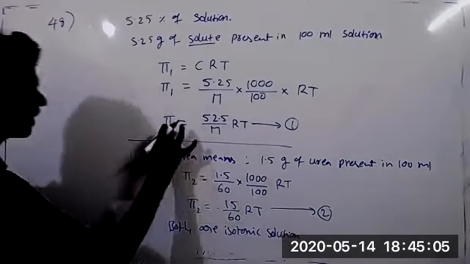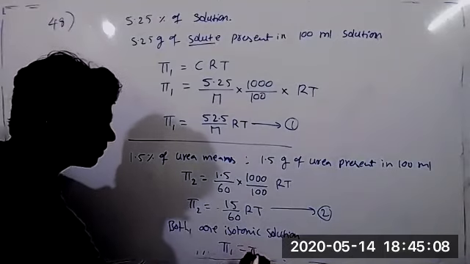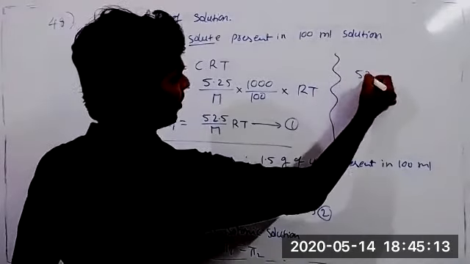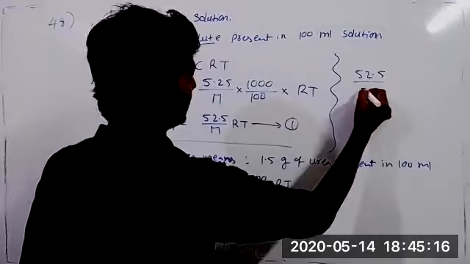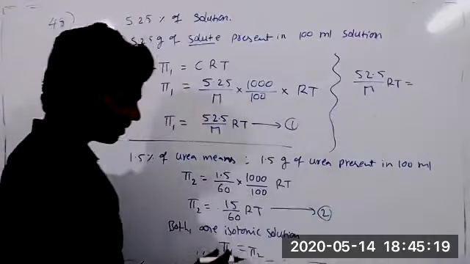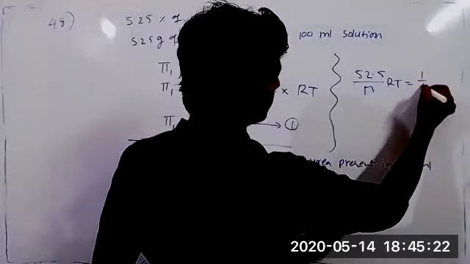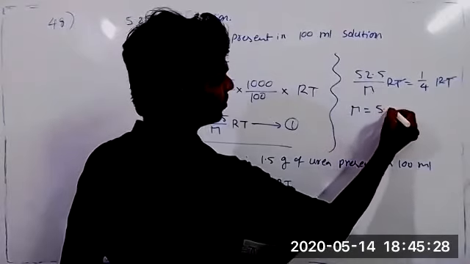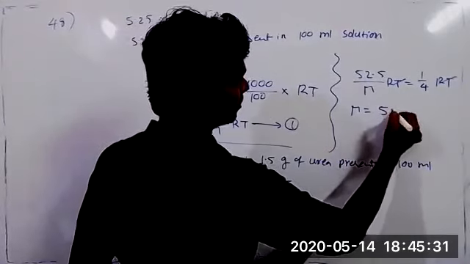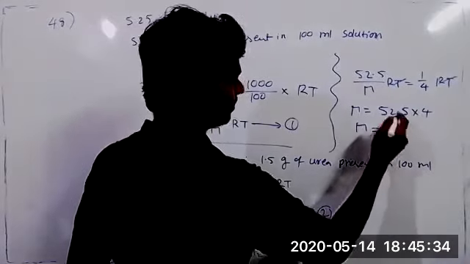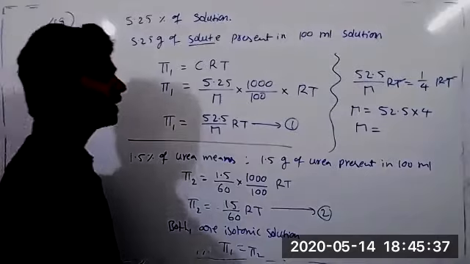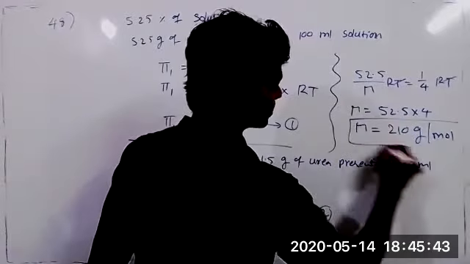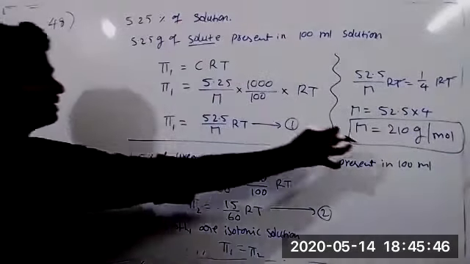The condition is both are isotonic, which means π1 is equal to π2. So this is equal to this: 52.5 divided by m RT is equal to 15 by 60, which means 1 by 4, into RT. RT cancels. Then m is equal to 52.5 into 4, the value is 210 gram per mole. That is the molar mass of the unknown solute.